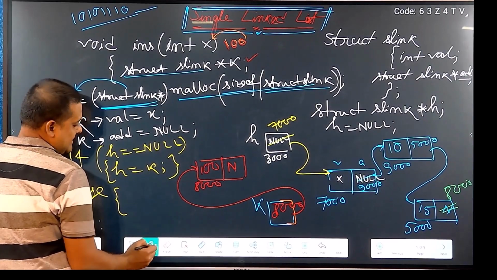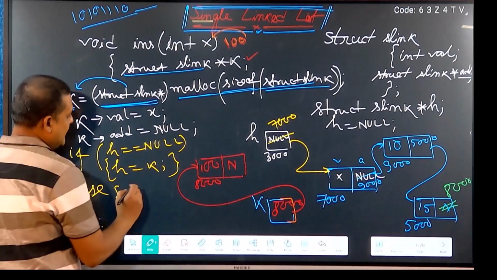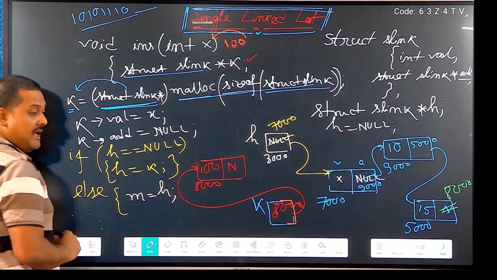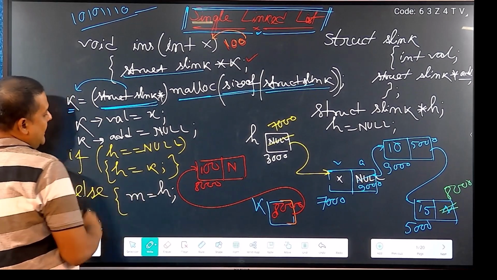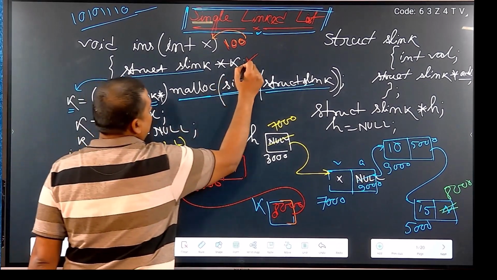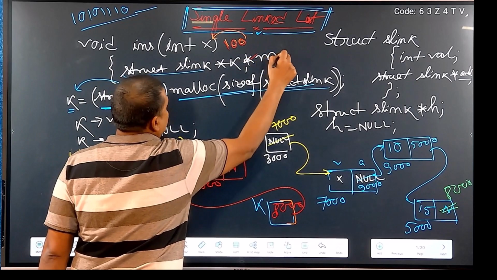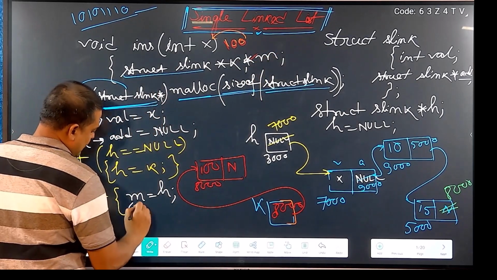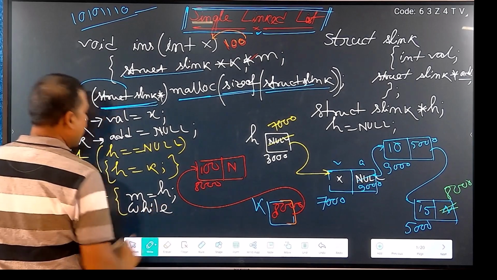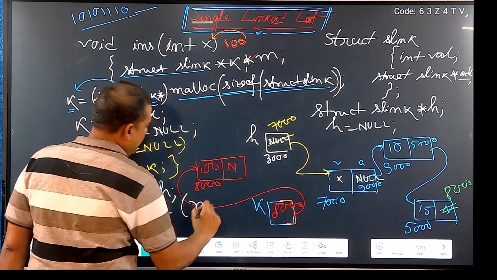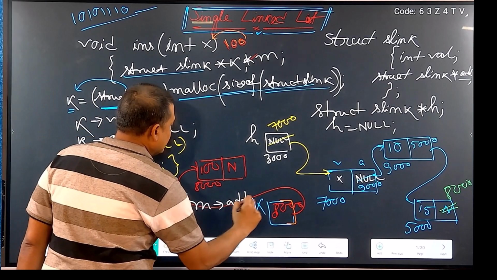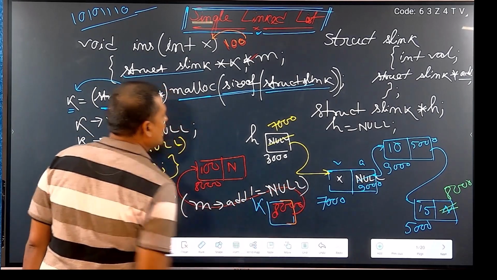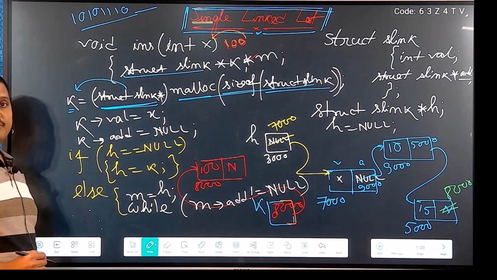We will just copy the head here. I will declare a variable like m and copy h inside m. So, here I will declare m as a pointer. Okay. Now, I will say while m arrow address not equal to null, while m arrow address not equal to null.